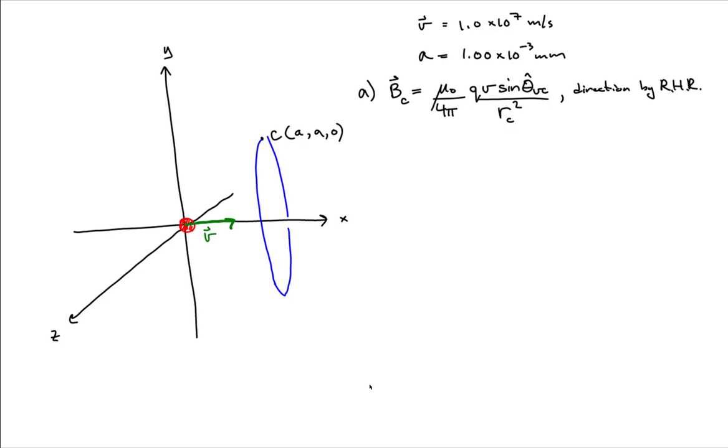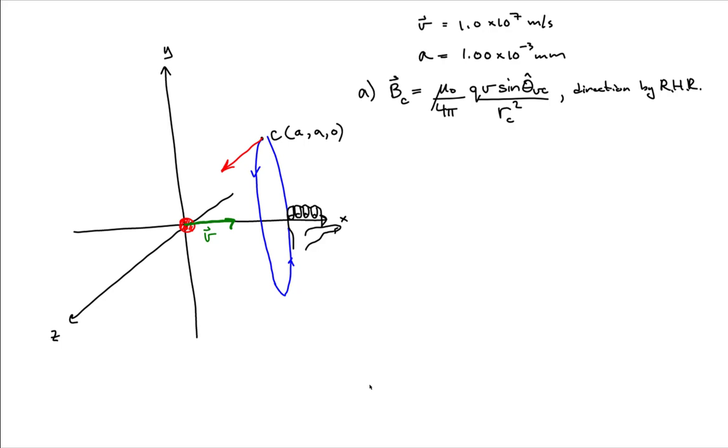This is because when we apply our thumb in the direction of the line of velocity and we curl our fingers around the line of velocity, our fingers create a circle around it, and the orientation of our fingers gives the orientation of our magnetic field lines, and at point C on our circle, the magnetic field is tangent to that point.